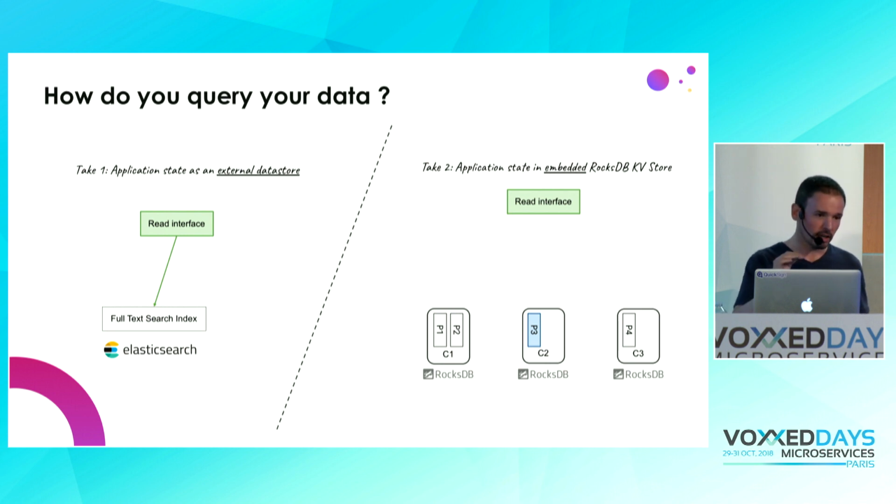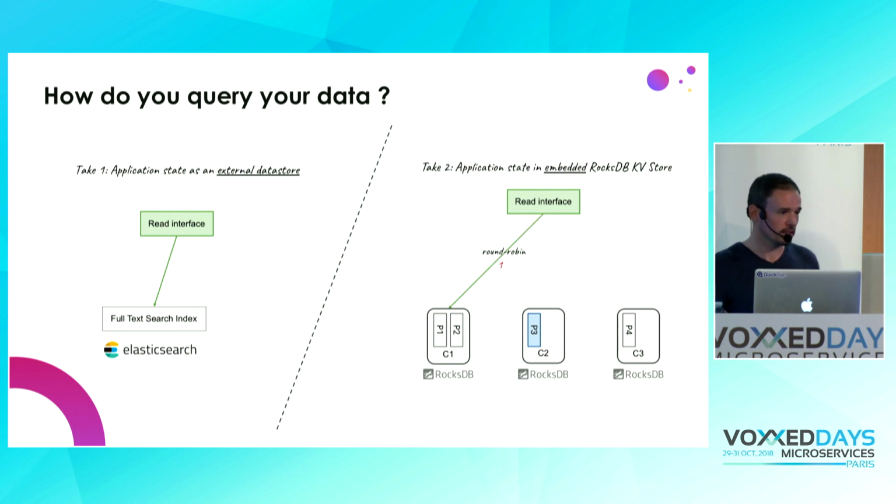But on your read interface, on your load balancer, you have absolutely no idea in which partition your data is. You just don't know. It's sharded. Here you have 4 partitions, but in a real use case, you could have hundreds or thousands. So you just try in a round-robin fashion, randomly, actually.